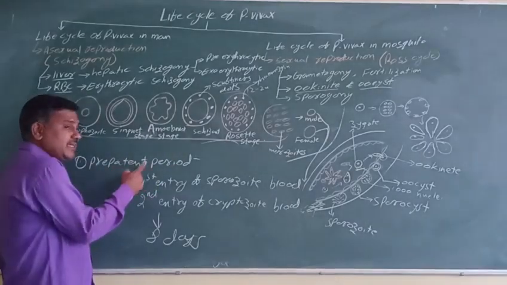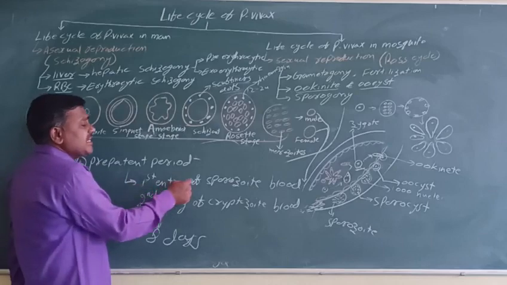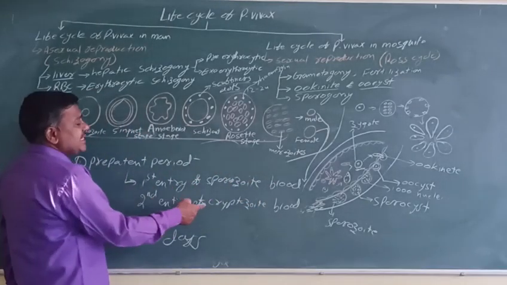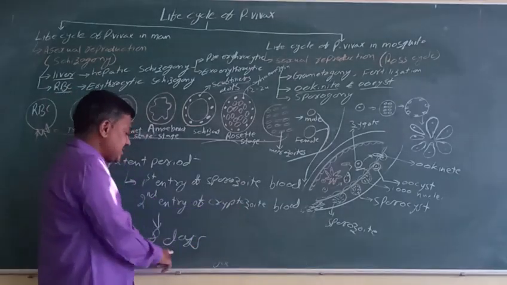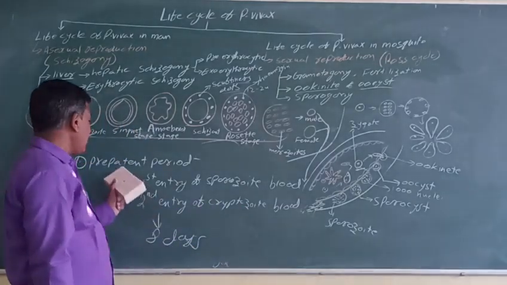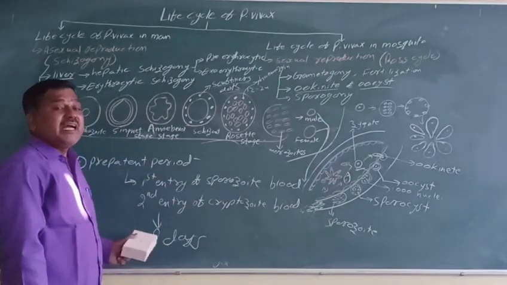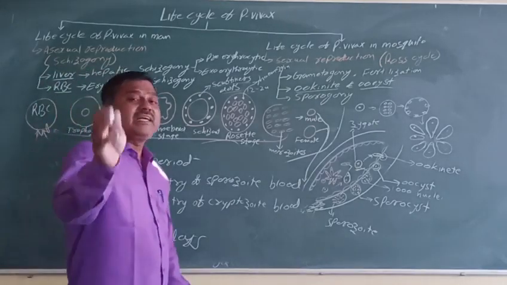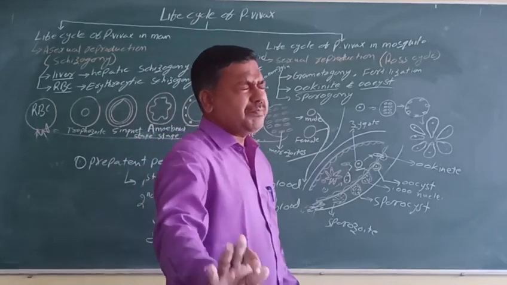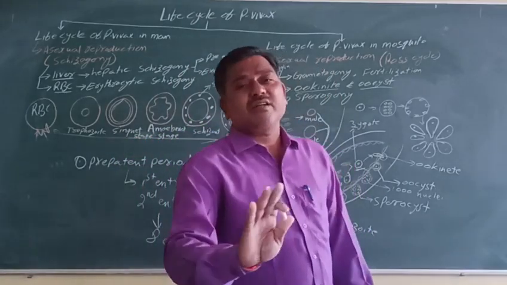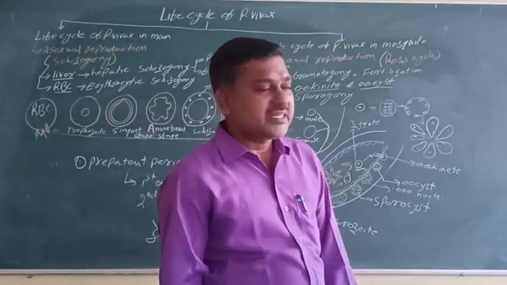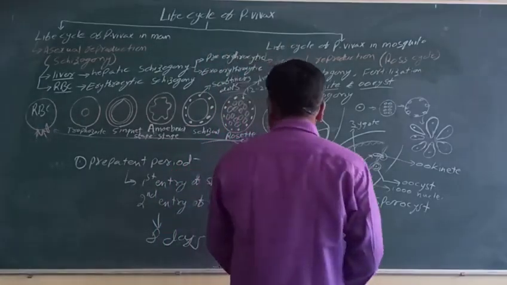So pre-patent period means first entry of sporozoites in blood, second entry of cryptozoites in blood, and it goes for 8 days. And keep in mind, the pre-patent period is not responsible for giving any type of symptoms.